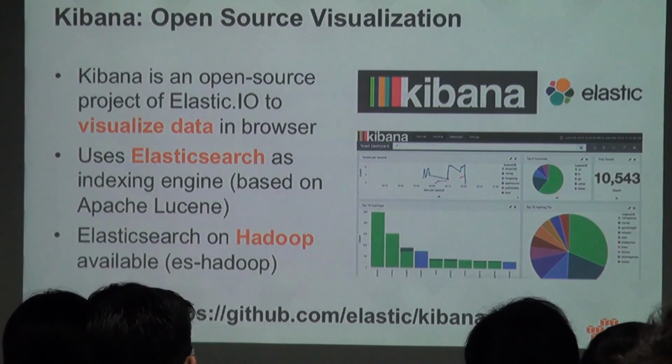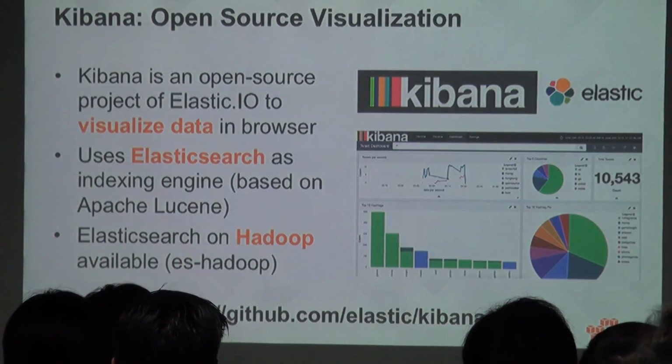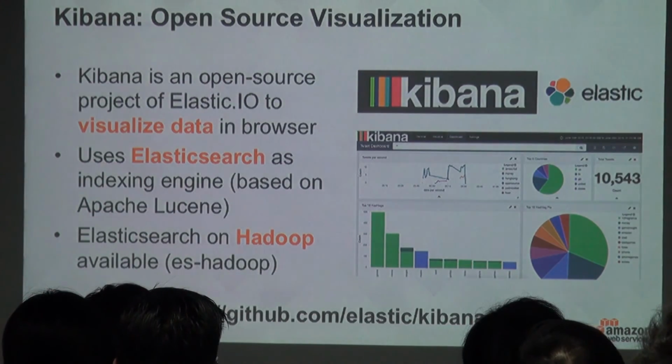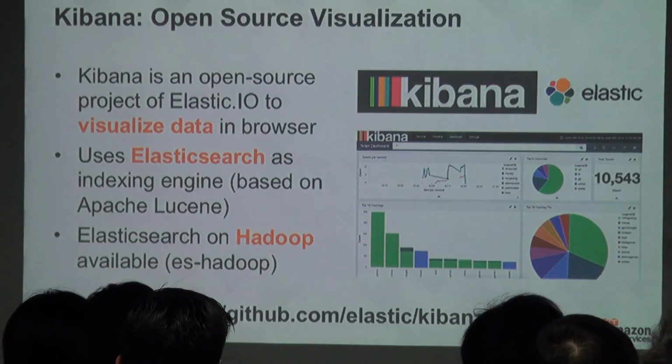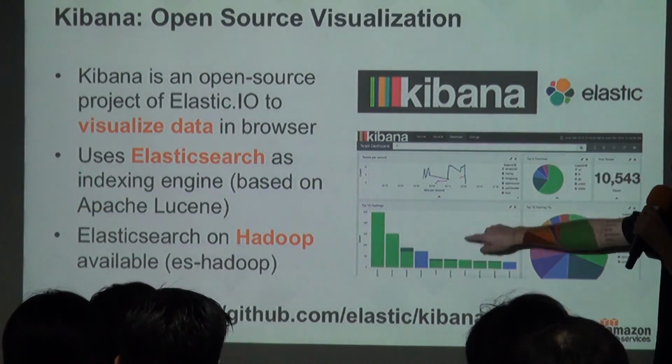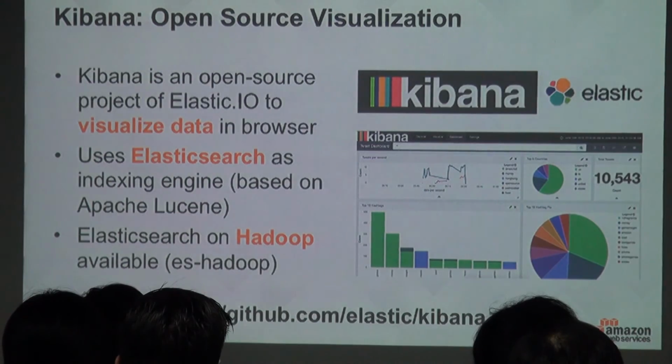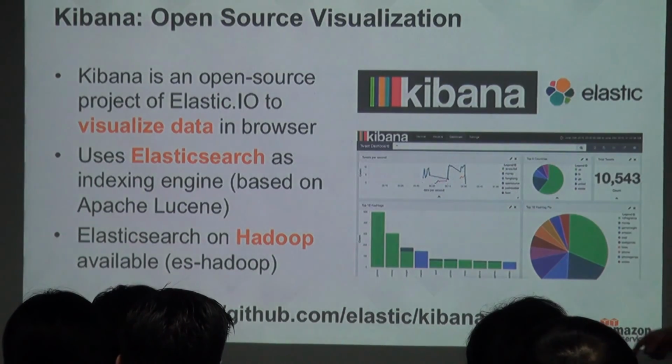The good news is Elasticsearch can be fully managed and even run on Hadoop so that it can scale, and then Kibana can start visualizing that information quite nicely in browser. Here's just a sample dashboard. You can create your own dashboards and filter things around and click through those dashboards, and we're gonna have a little demo on that in just a bit. Open source, so github.com/elastic/Kibana. This is where you can find it.